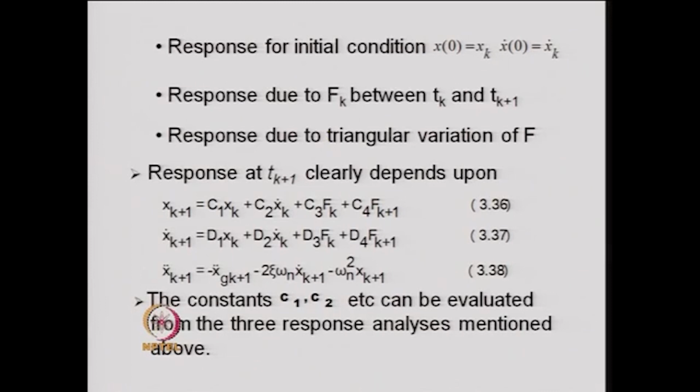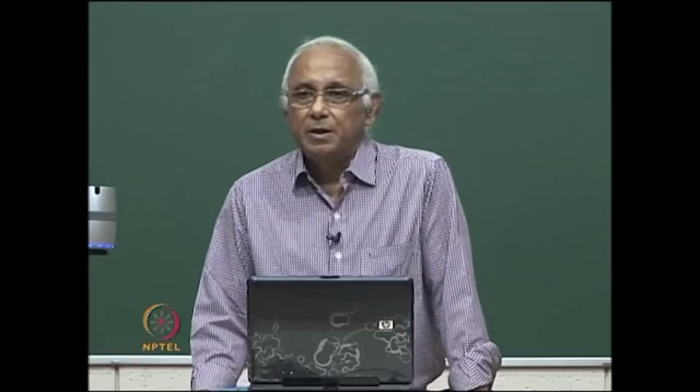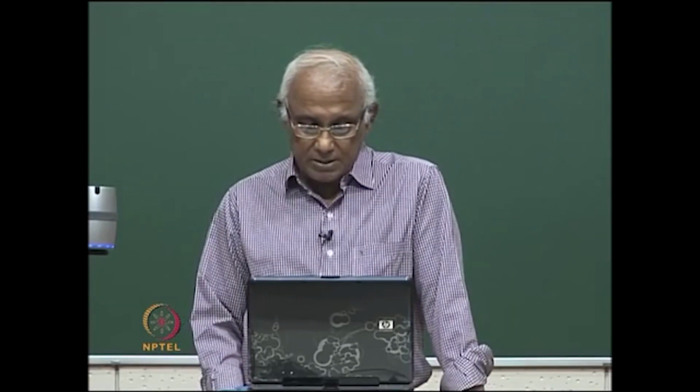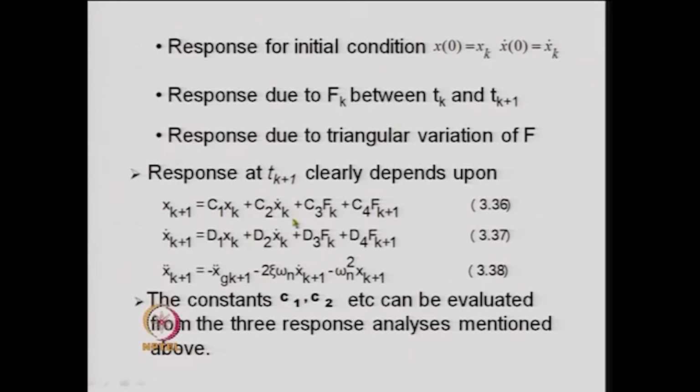So, the responses for these 3 would provide the final response at t k plus 1. So, x k plus 1 clearly now depends upon these quantities, that is, x k, x dot k, the initial displacement and velocity at the kth time step, and f k and f k plus 1.